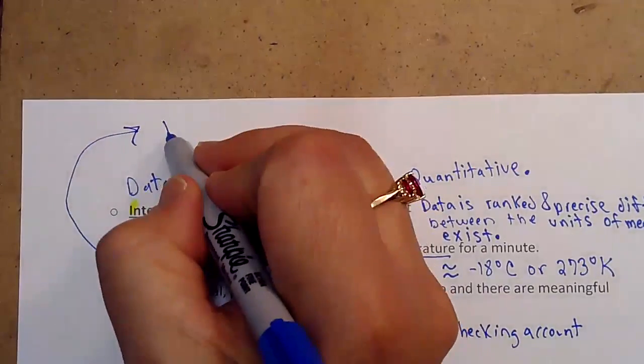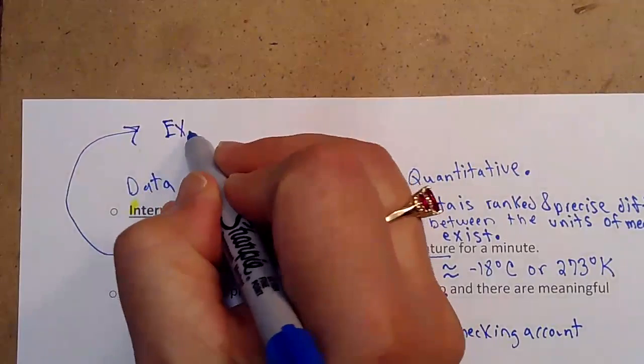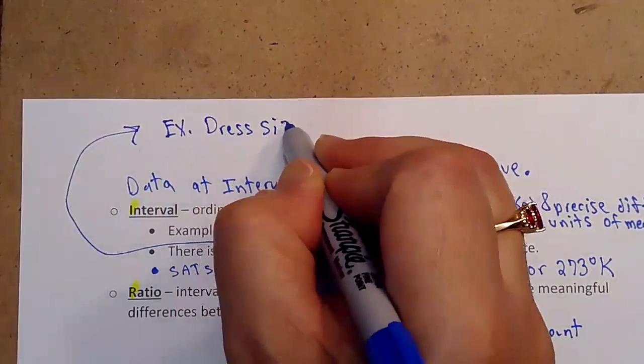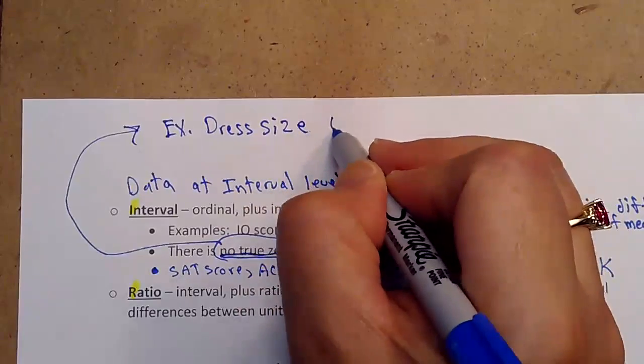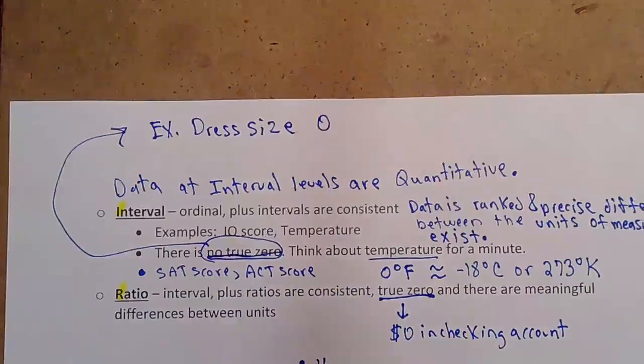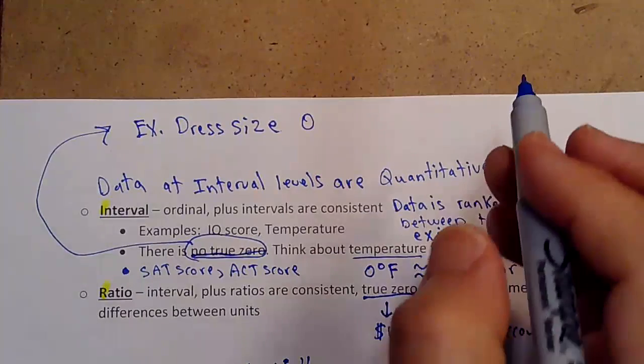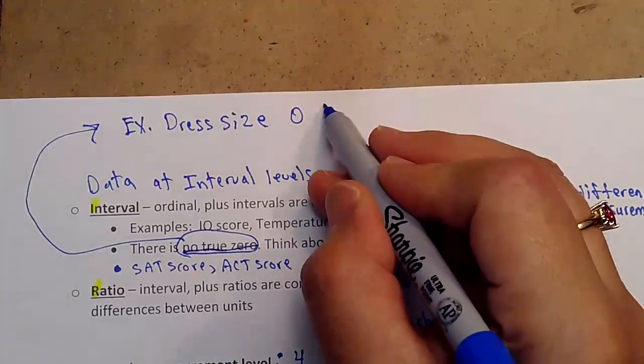Okay, so another example of no true zero would be dress size. When we think of a young lady's dress size of 0, it means no true zero. It doesn't mean there's no measurements. Dress size of 0 implies this.